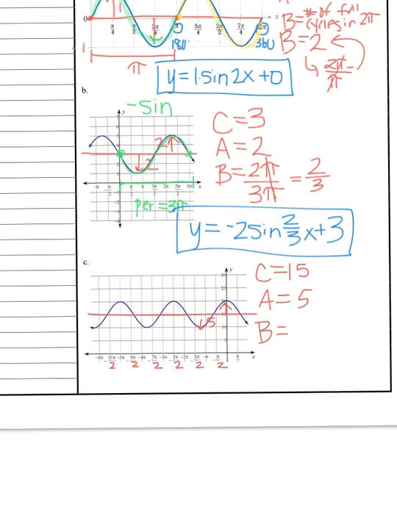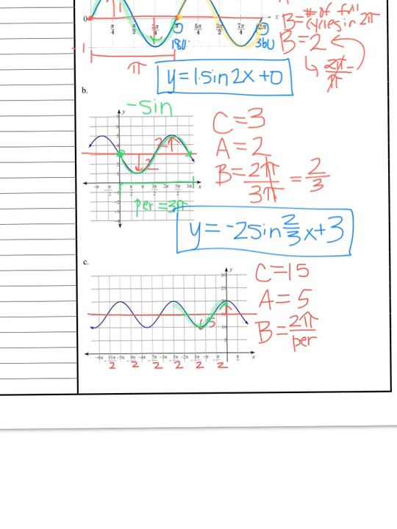Okay. So in order to determine our frequency here, we want to do 2 pi divided by the period. So again, the period is how long it takes for one full cycle. So if we're looking at this graph, I'm going to start and go backwards, because if you go to the right of the starting point, you can't see a full cycle. So I'm going to go this way to the left. So one full cycle is right there in green.